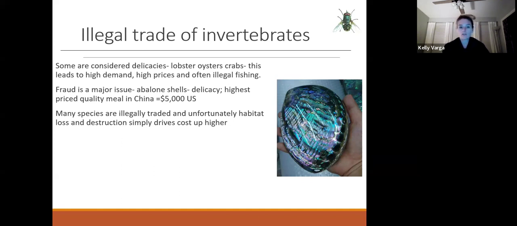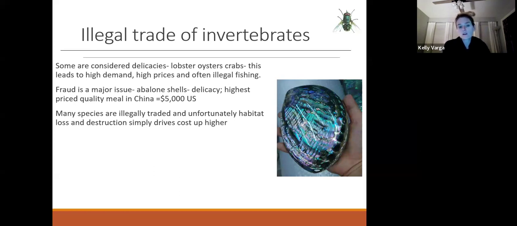The abalone shell that we see over here to the right, this is a delicacy. It is a very highly prized meal, and the shell is also prized. This was, I think, the price in US dollars for one of these about 7 or 8 years ago, so I'm sure it's even higher now.